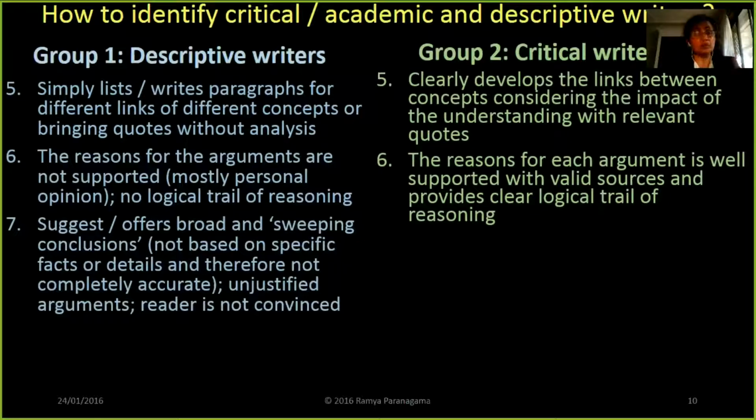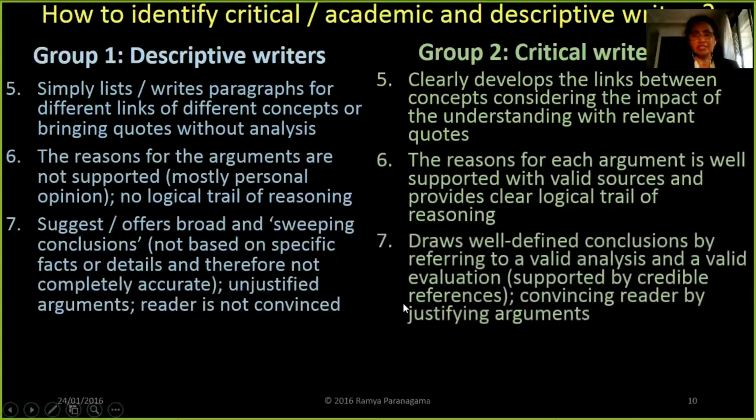Remember, we call it sweeping conclusions. But the critical writers, they are drawing well-defined conclusions referring to their valid analysis and valid evaluation, convincing the reader. I use my argument based on these resources. And sometimes they would say the weaknesses of their argument also. It doesn't mean you are weak, but just to highlight.